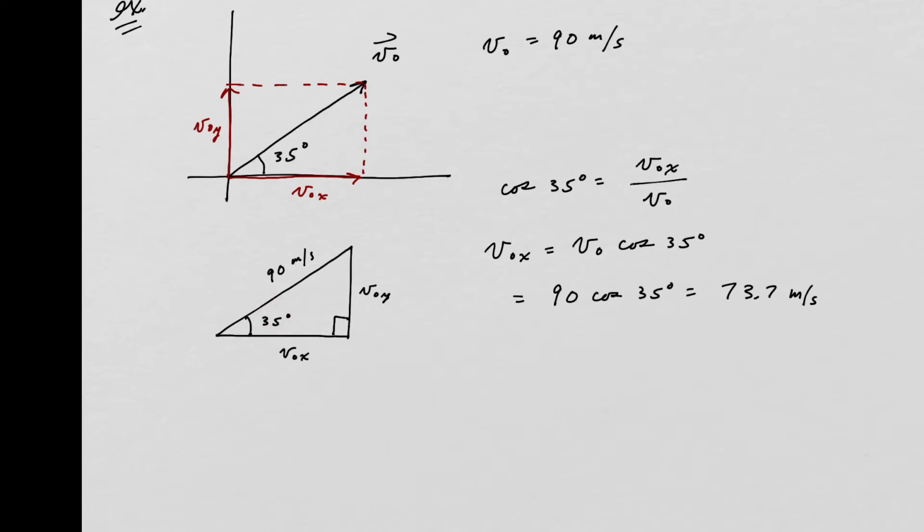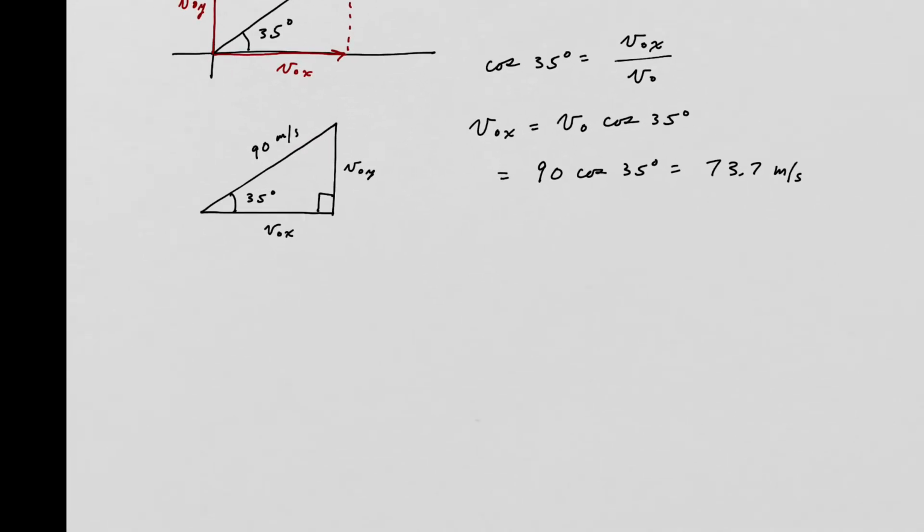And then to find the y component, well, v naught y is opposite the angle. So what trig function involves opposite and hypotenuse? That's sine. So I know that sine of 35 degrees must be v naught y divided by v naught. So v naught y is v naught times sine of 35 degrees. But again, v naught is 90.